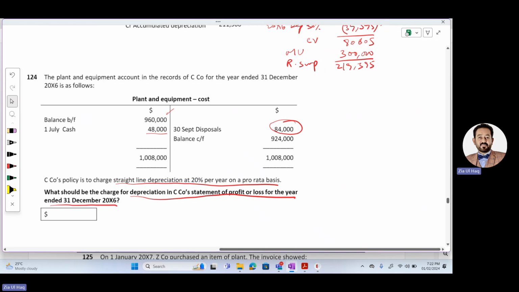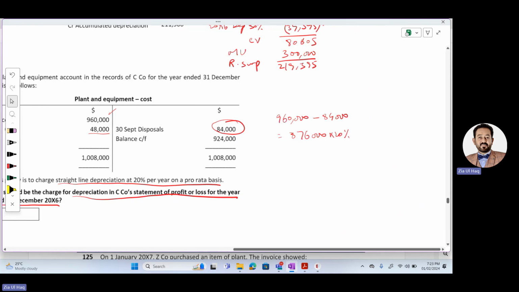Should we charge the full year depreciation on 960,000? No. Out of this, 84,000 is sold. So 960,000 minus 84,000 is 876,000. We need to charge depreciation at 20% on it. What is that?